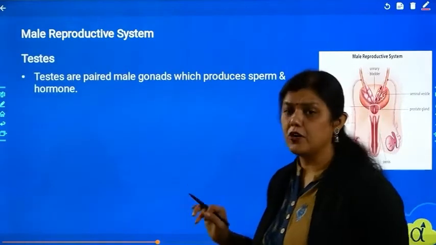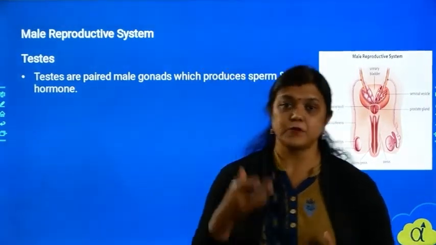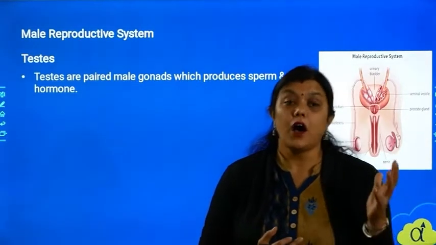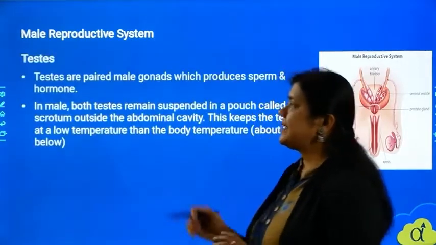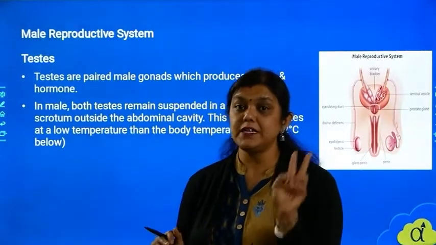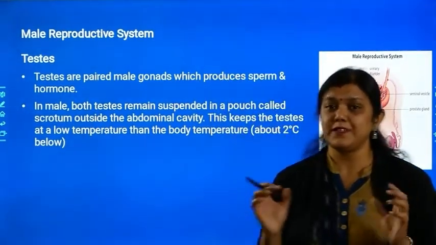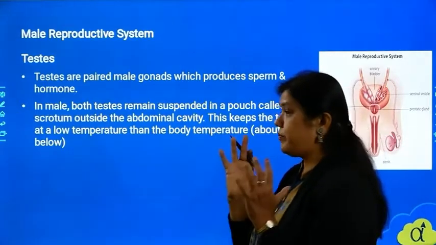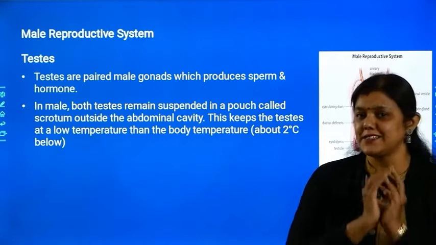We'll talk one by one about each organ and their function, and we'll also discuss how they look if we dissect them and what their internal structure is. Testes. Testes are the paired male gonads. There is a pair of testes present in the scrotum, the pouch where the male genital system is present.